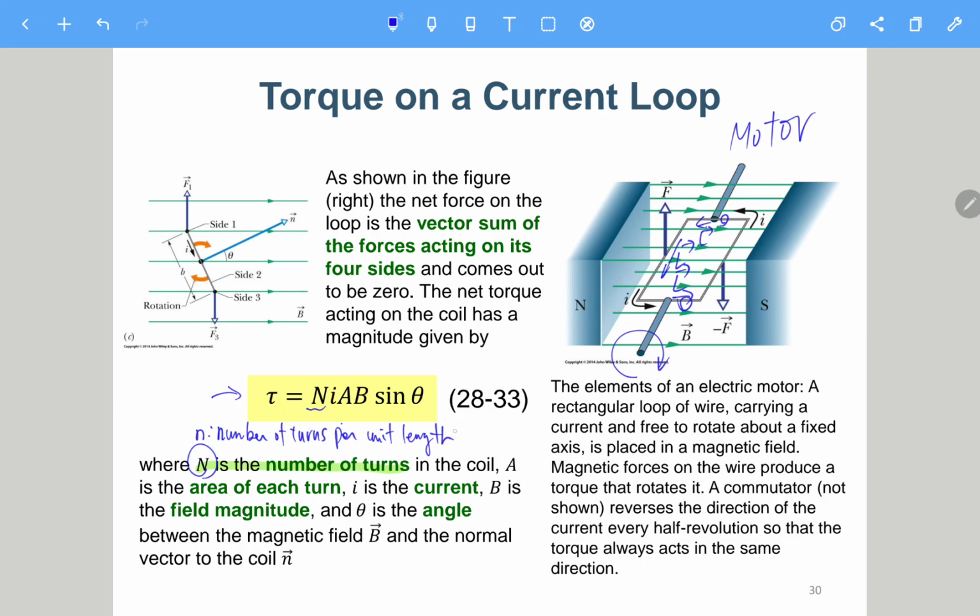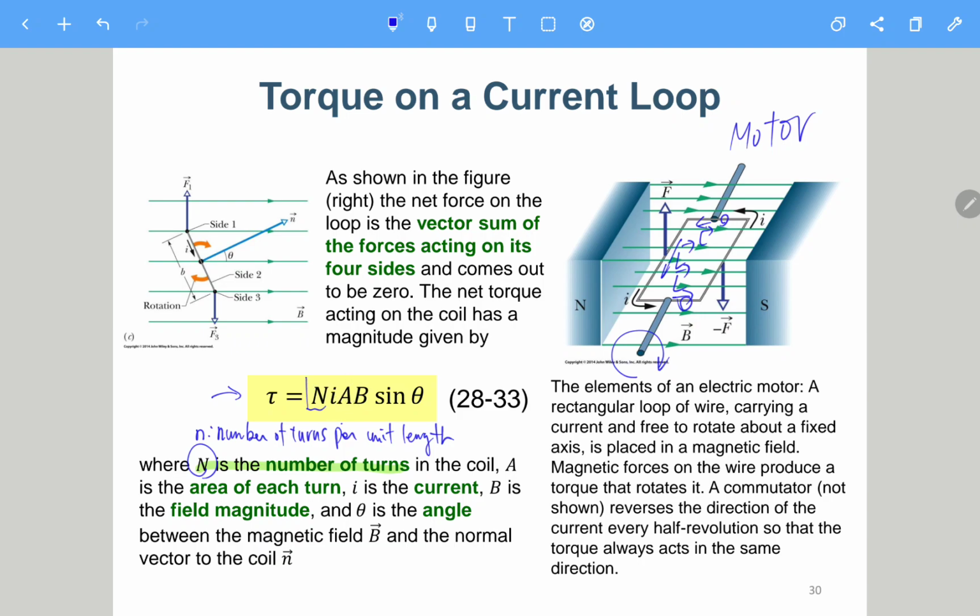So be careful in these several chapters, sometimes it will be capital N, sometimes small n. Here it is capital N, so it means the number of turns times the current times the area.